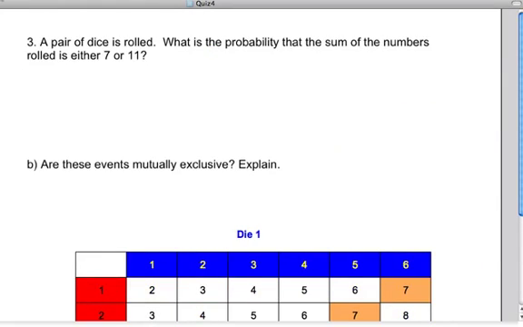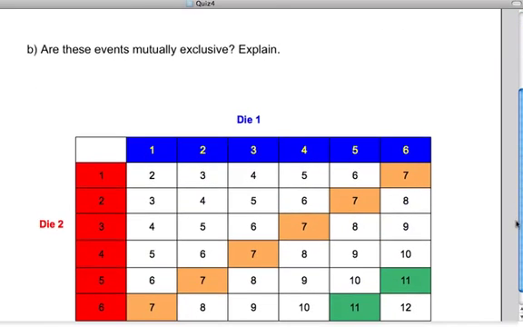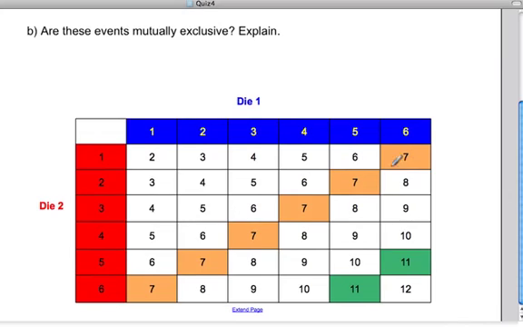Right, so let's compare this question to the last one. In this case, we're told that when we roll a pair of dice, we're asked what is the probability that the sum of the numbers rolled is either a 7 or 11. So the first question, when you see that or, is are these events mutually exclusive? When I look at this chart, you can see that it is not possible to roll both a 7 and 11.